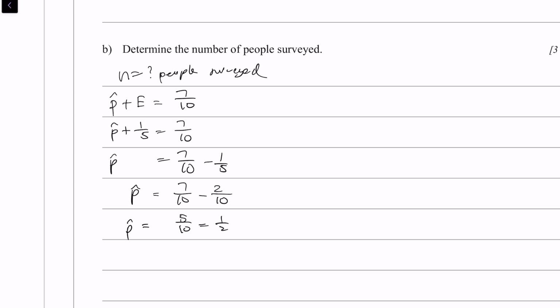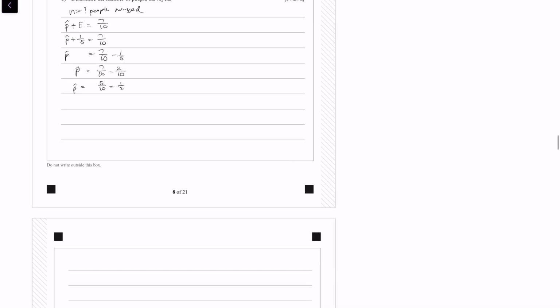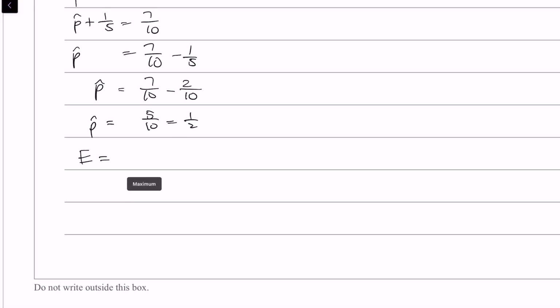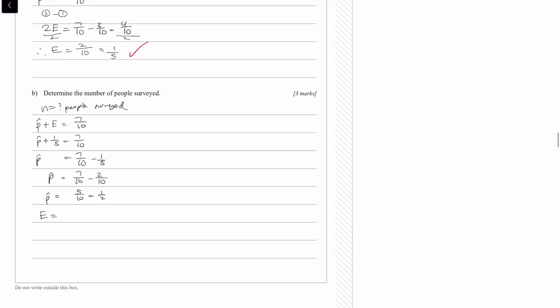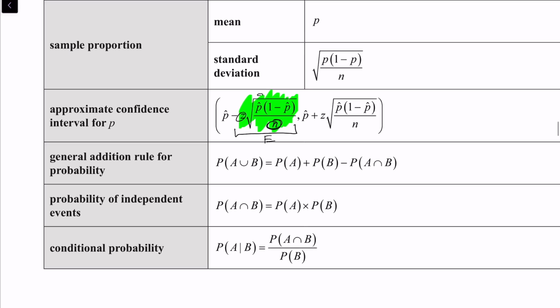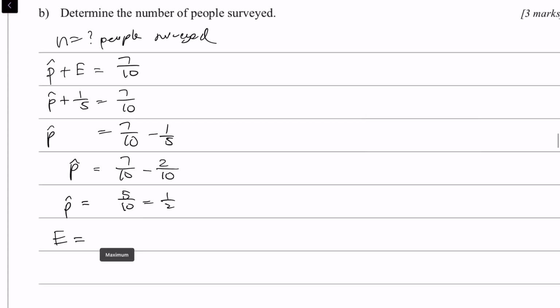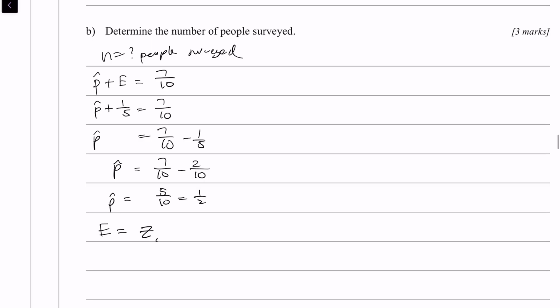Okay, so in that case, what I can do now is I know that E is equal to the part of the formula which I highlighted in green there. So that is going to be z square root of p hat 1 minus p hat, and those are multiplied together, over n.